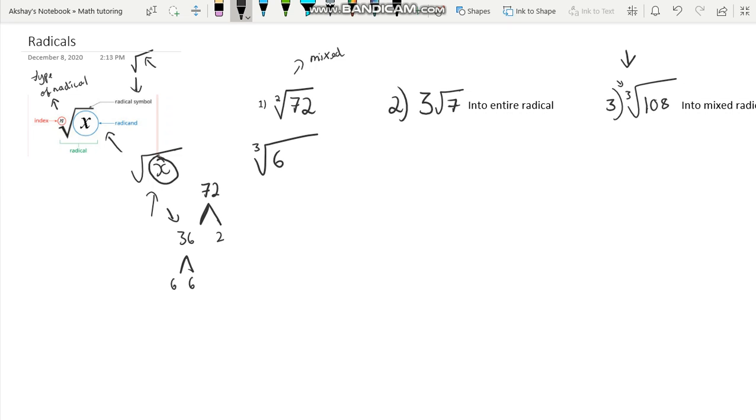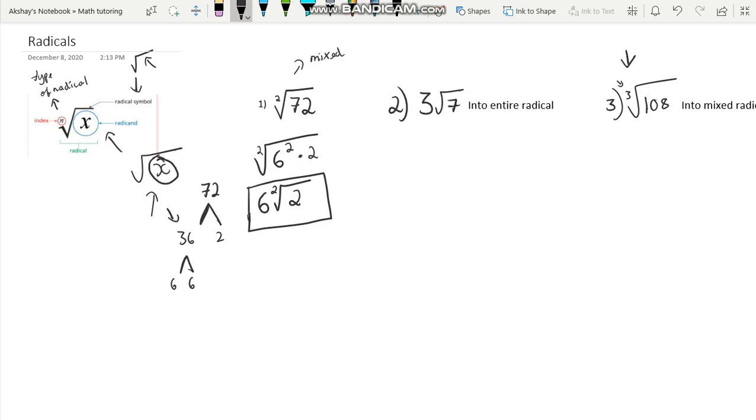So we have 6 squared times 2, which is also 36 times 2. And now when we have a perfect square, because we have an index of 2 and we have something to the power of 2, we can take one of that number outside our radical symbol. So we're left with 6 square root 2.